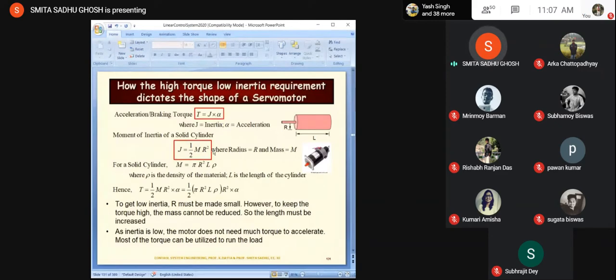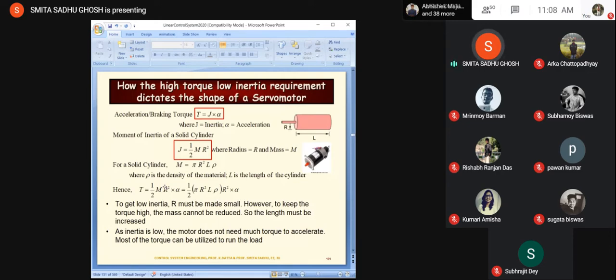We would be opting to make the radius small, but at the same time the torque is related to half M R square into alpha, because this is also the moment of inertia. We want the moment of inertia to decrease, but we do not want the torque to decrease.